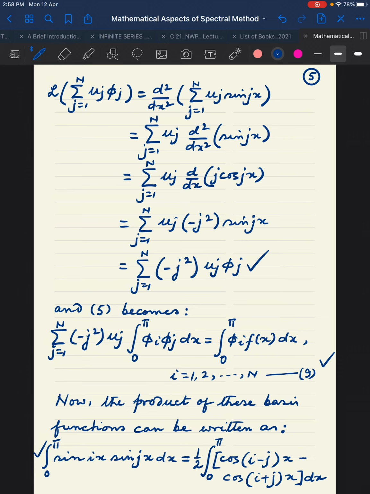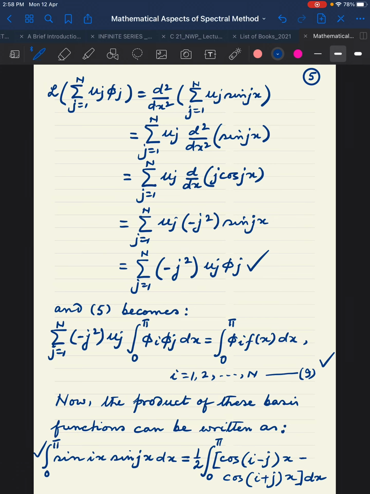What is it? As you see, integral 0 to pi sin ix sin jx dx, because integral 0 to pi phi i phi j dx, phi i means sin ix, phi j means sin jx according to our choice.